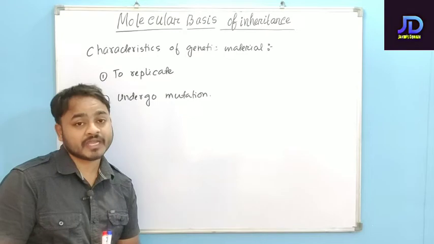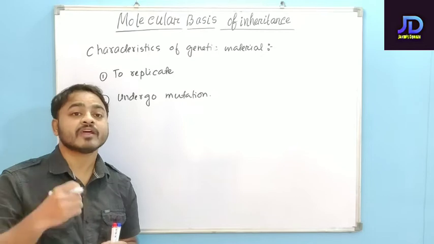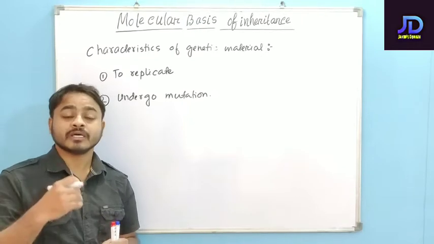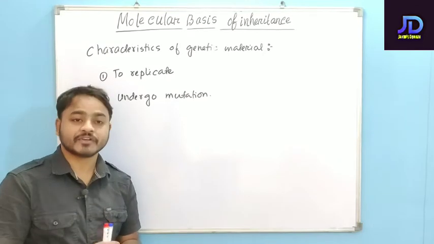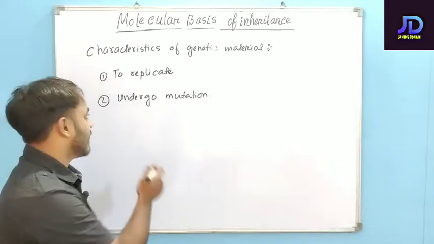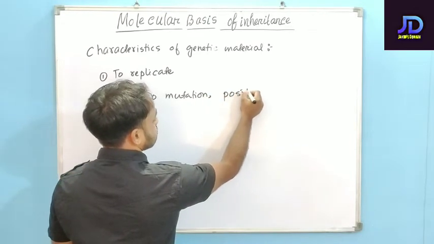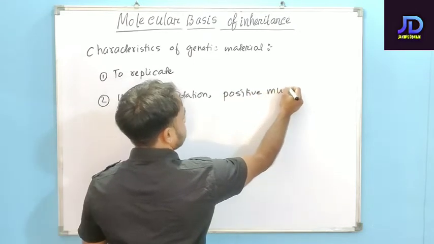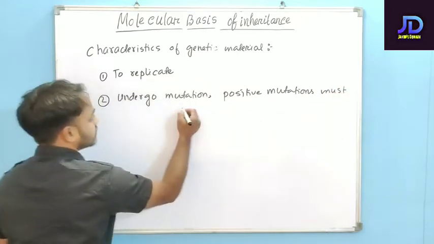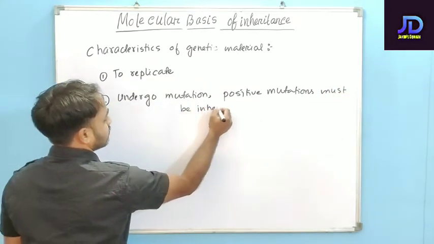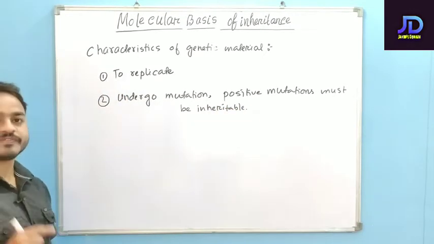Why is it to be inherited? Because positive mutations are to be inherited for evolution. When there will be mutations or change, ultimately it will contribute in the evolution process, and positive mutations must be inheritable. This is the second characteristic of genetic material.